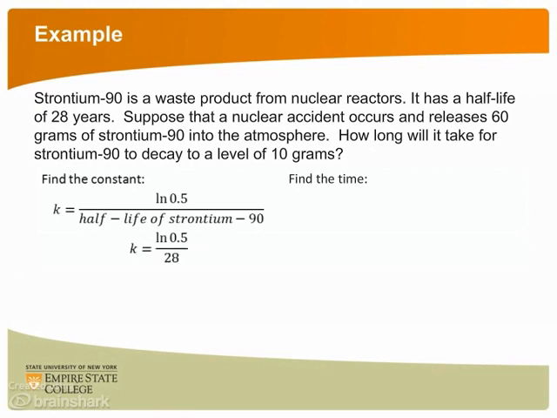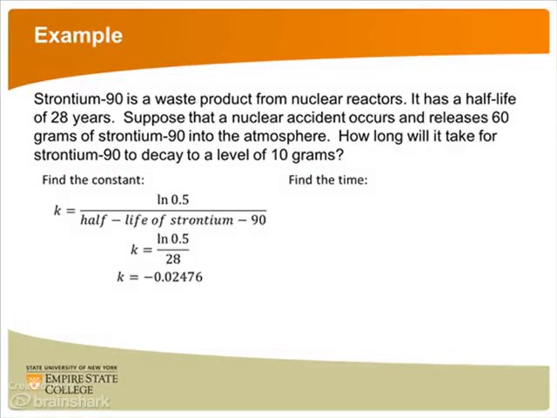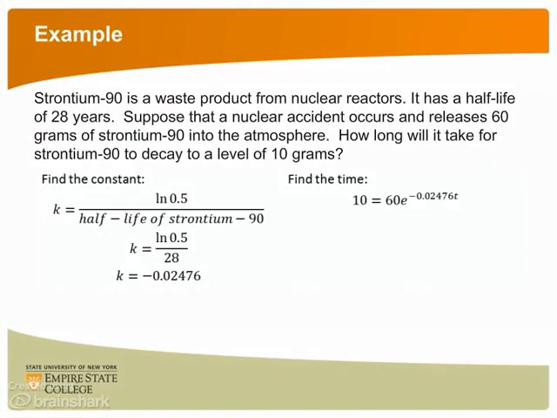Inserting the half-life, K equals the natural logarithm of 0.5 divided by 28. This amount is negative 0.02476 to 4 significant digits. We know the initial amount was 60 grams, and the target amount of strontium-90 we want to remain is 10 grams.